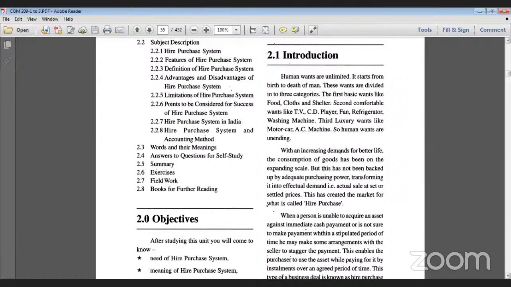So meanwhile, the center point will be we just hire it for our purpose and we pay the rent or we pay installment for that. So the hire purchase and installment, both systems are related with various factors which we rent or hire. Let's start this concept.